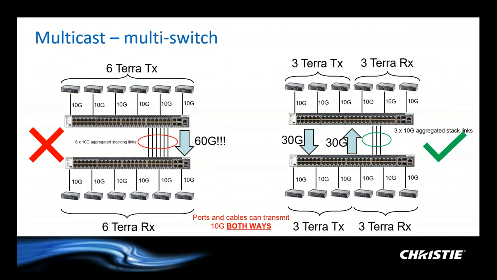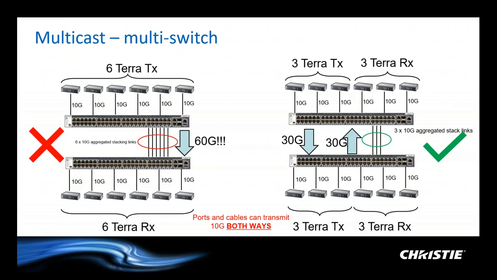60 gigabytes worth of data onto the network. The Terra RX down below are going to try and start pulling potentially all of those streams on their inputs.